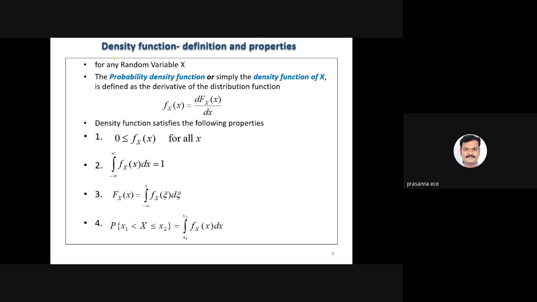It is denoted by small fx of x, and it is nothing but the derivative of the capital Fx of x. The density function is also a very useful tool in mathematically modeling our probability problems. It increases our efficiency of solving probability problems by using a lot of mathematics and calculus.